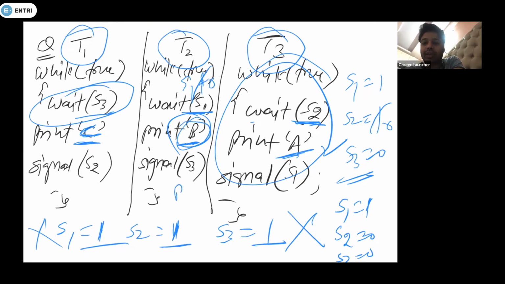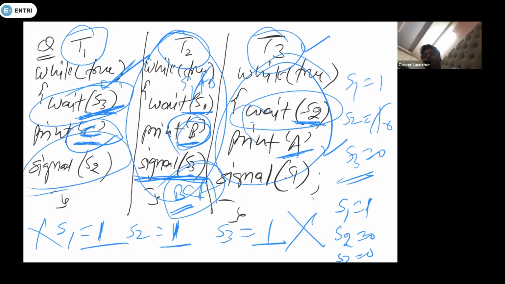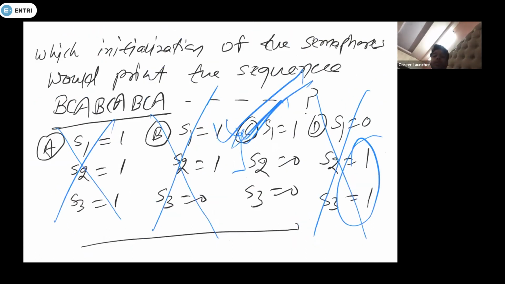After that, signal S3, then S3 wakes up, and after that print C. After completing B, it signals S3, which goes from 0 to 1 and then 1 to 0, then prints C. Or it signals S2. So in option C, we can print B, C in an infinite sequence. So C is the correct one.